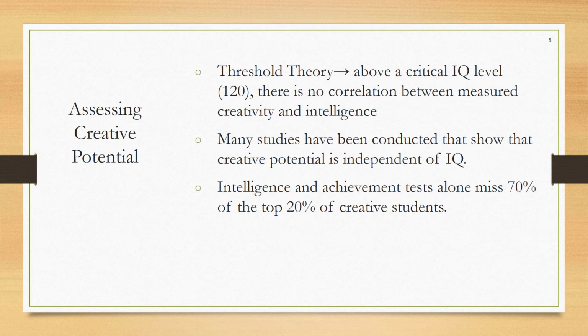So if you only measure IQ, you're missing a good number of students who might be creative. Intelligence and achievement tests alone miss 70% of the top 20% of creative students.